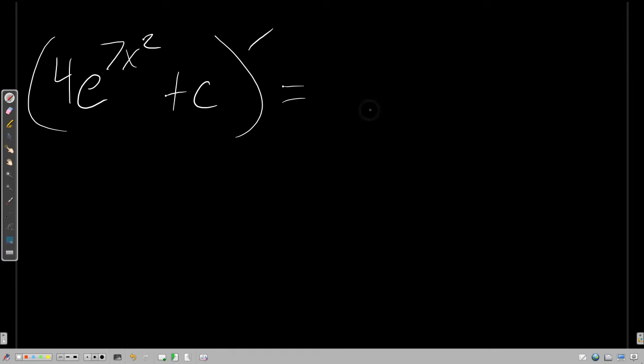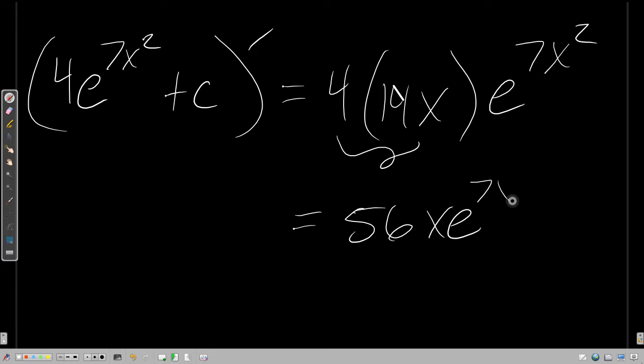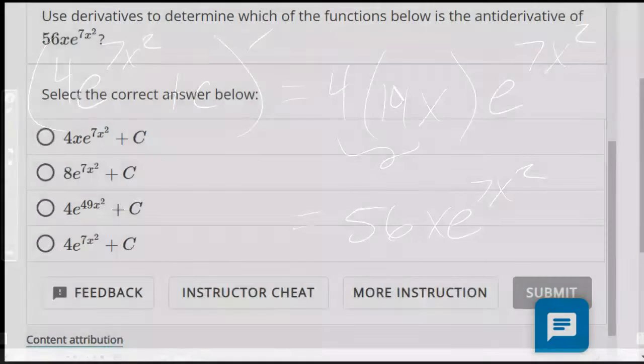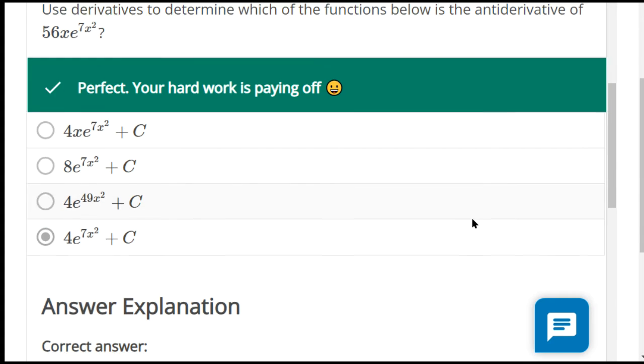Take the derivative of that, and you would have 4 times 14x e to the 7x squared. 4 times 14, sure enough, that's 56x e to the 7x squared. Okay, great. So by process of elimination, that one's got to be the answer.